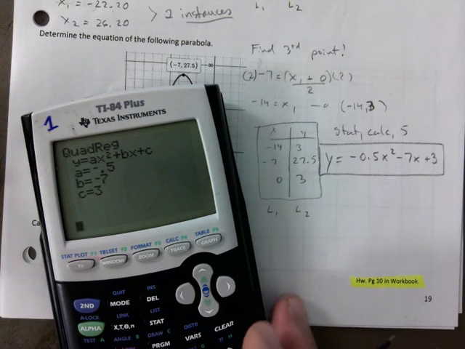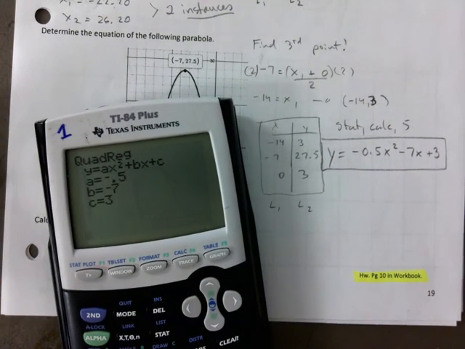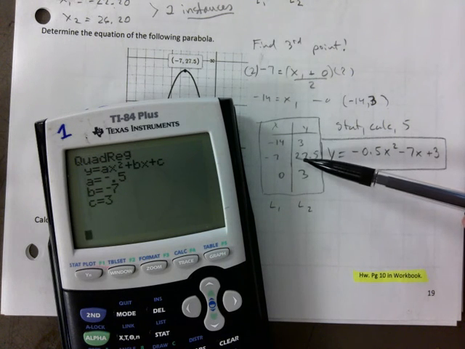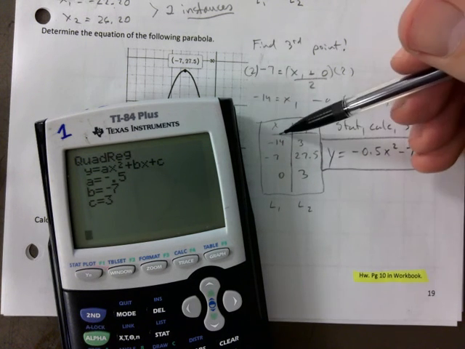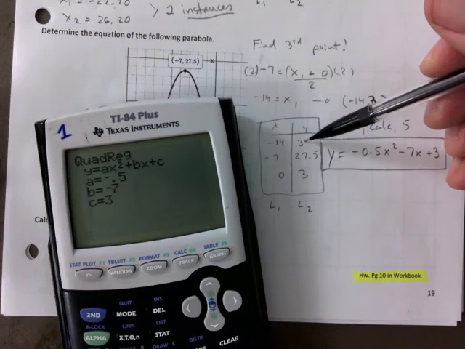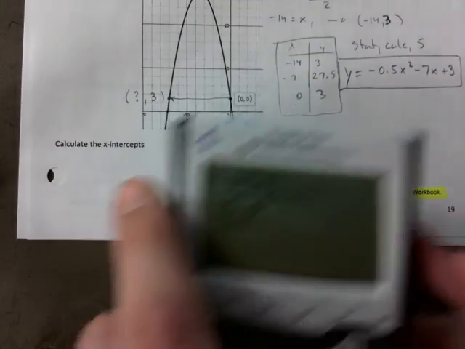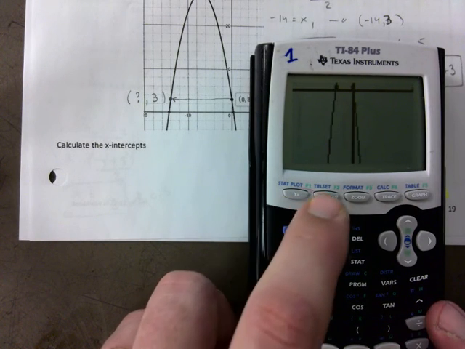That's what you should be getting. Can I say something here? It doesn't matter which order you put the points in, as long as you don't mix up your, like you have to keep them together. Like the negative 14 needs to stay with a 3 and so forth. X-intercepts. Let's see if this works. It almost does.